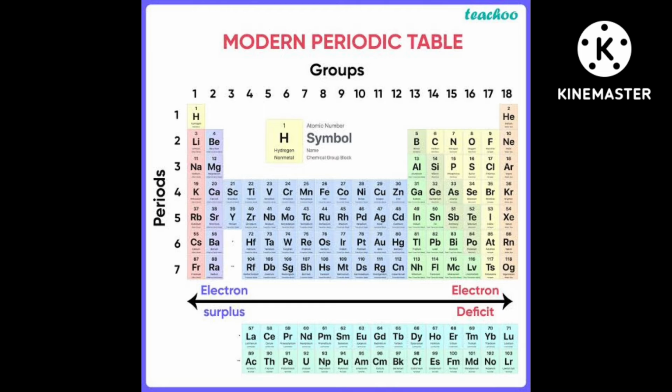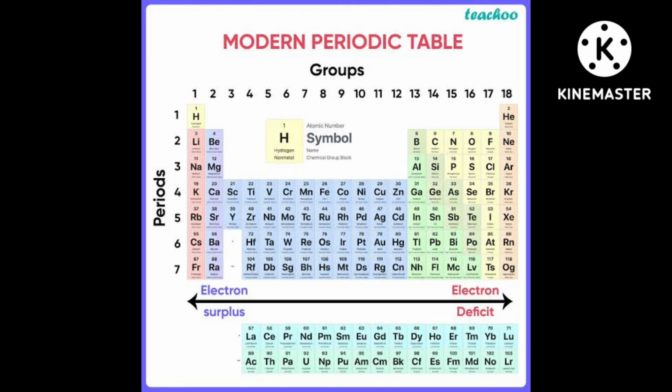It is divided into 4 blocks: S block, P block, D block and F block. These are the characteristics of the long form of the periodic table. Now another question: what is the difference between series and periods?